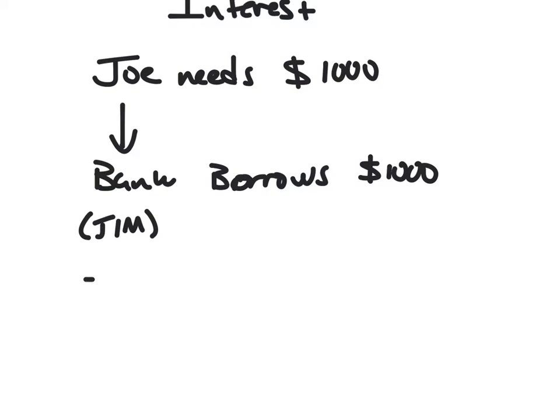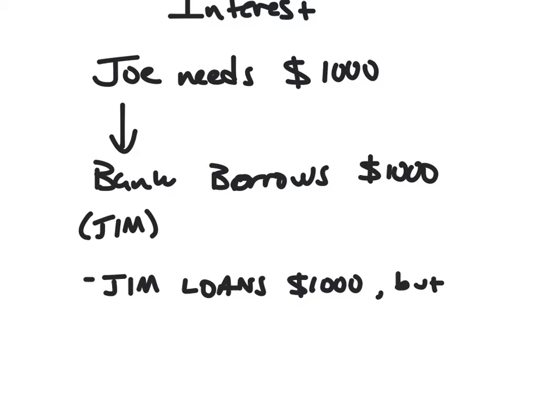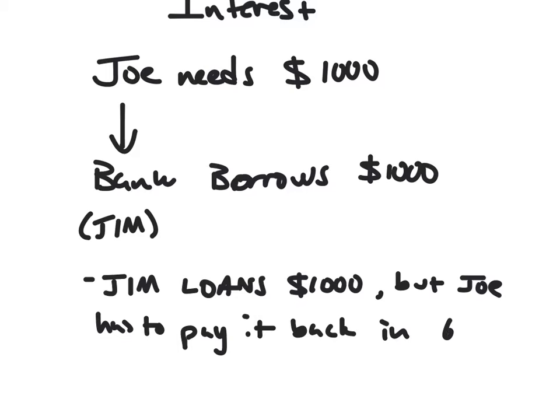So Jim loans $1,000, but Joe has to pay it back in 60 days at, let's say, 3% interest.